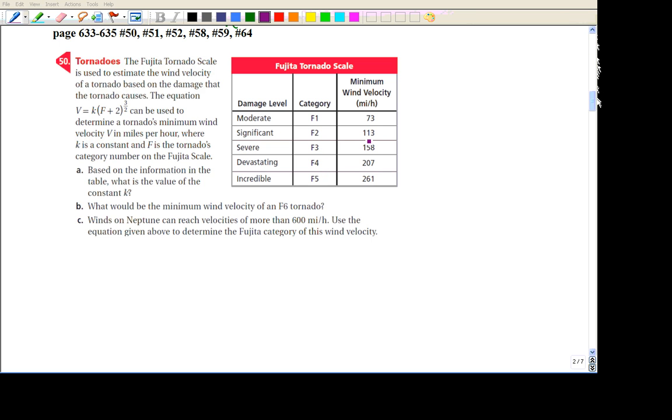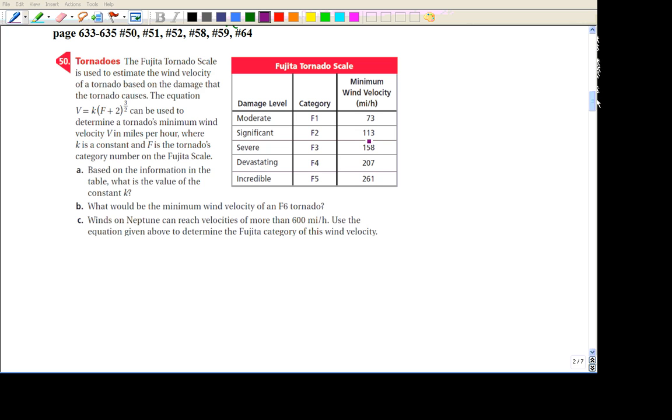The equation V equals K times F plus 2 to the 3 halves can be used to determine a tornado's minimum wind speed velocity V in miles per hour, where K is a constant and F is the tornado's category number on this scale. So we have 3 parts to solve here.